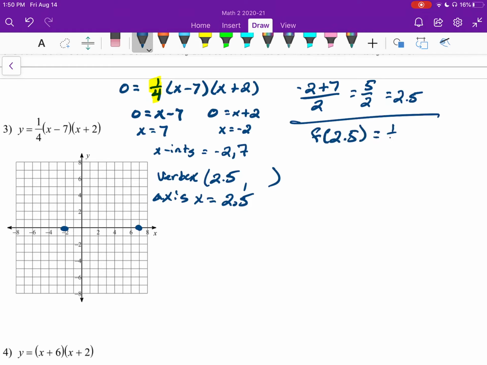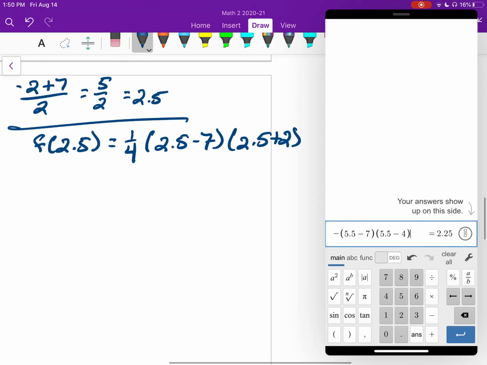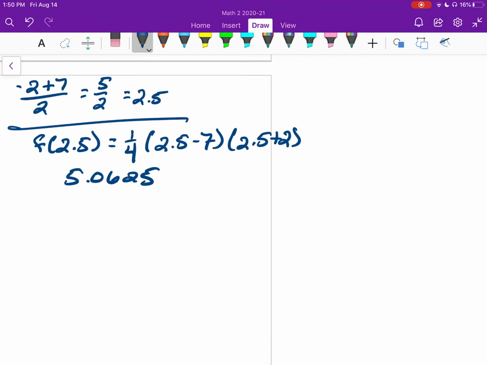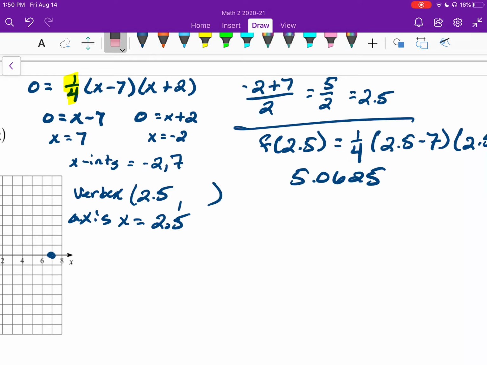All right, and just like last time, I'm going to see if I can type this into the calculator. 1/4, 2.5 minus 7, 2.5 plus 2. And I get negative 5.0625. I think that's an eighth. All right, there's the other half of my vertex.